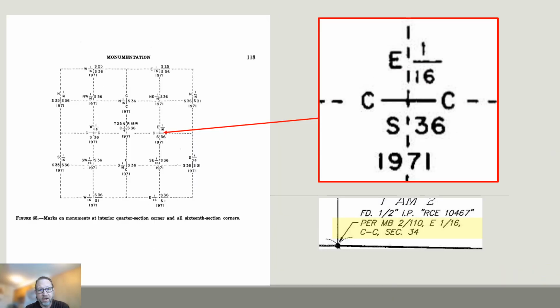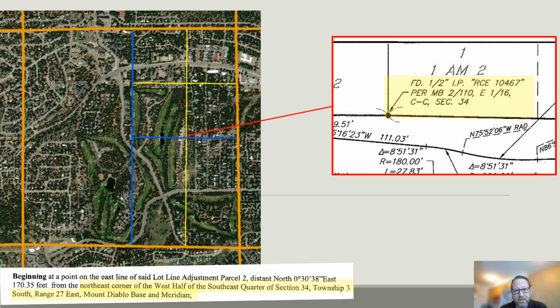Now, the federal government has very specific naming conventions when it comes to naming the interior portions of their section. So the east 1/16th center of the section in question happens to be right there. The east 1/16th center point also happens to be the northeast corner of the west half of the southwest quarter of section 34.